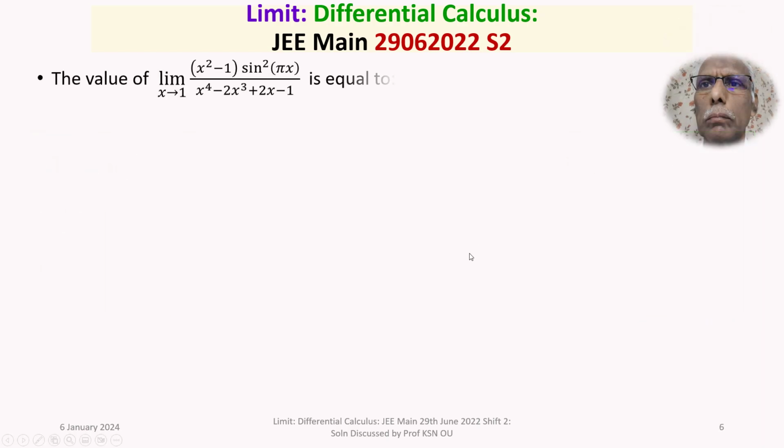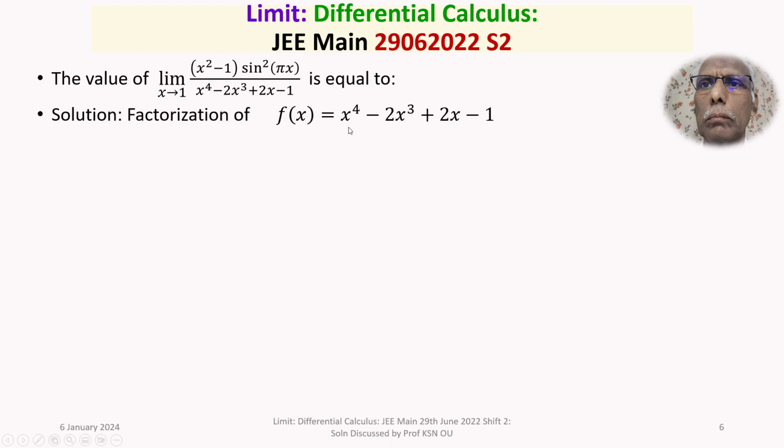We now discuss the solution of the problem in detail. We first find the factorization of the denominator of this function. Let us say f(x) is equal to x to the power of 4 minus 2x cube plus 2x minus 1.